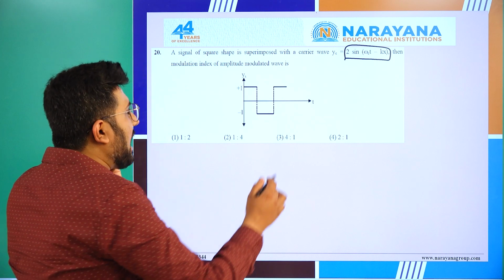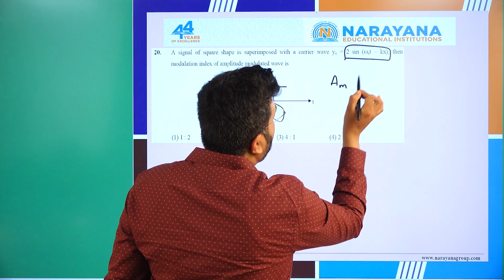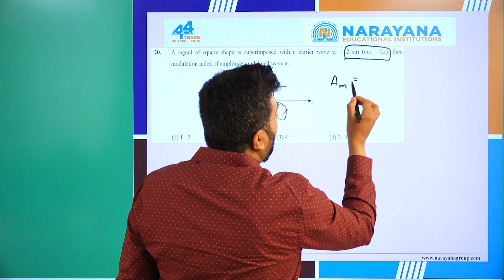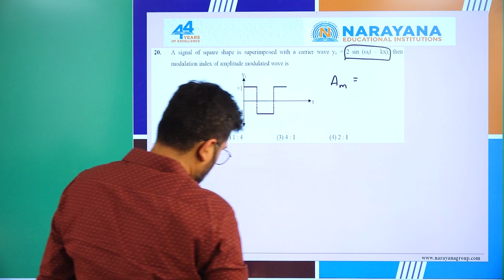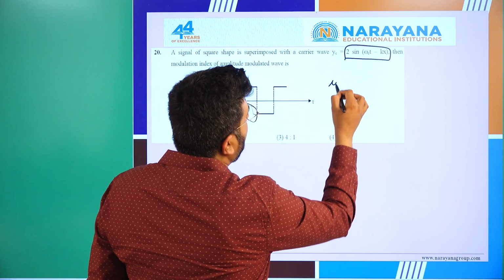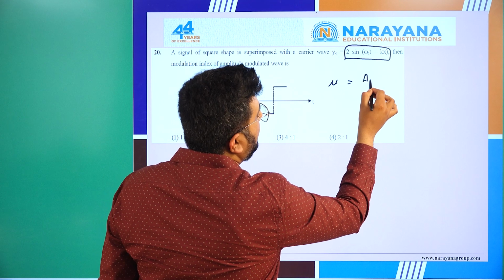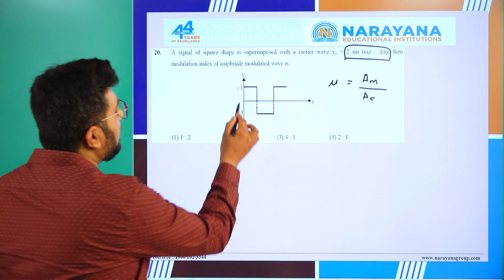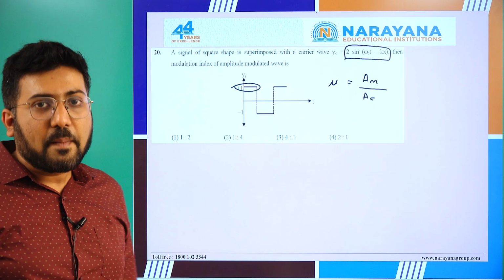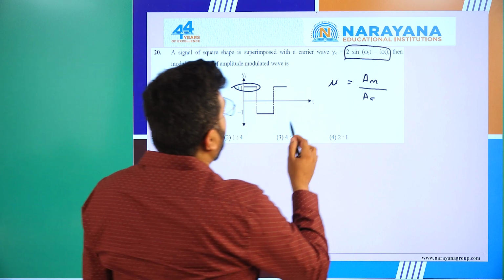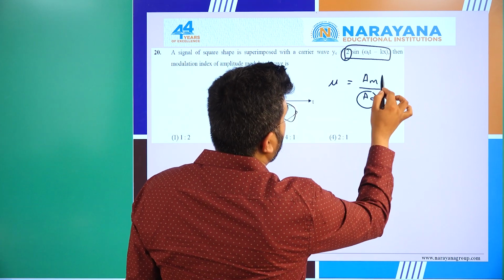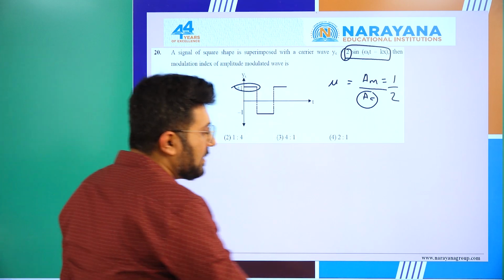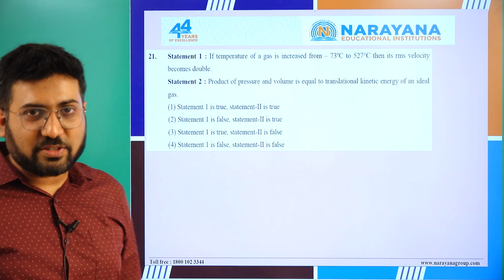Now you know that for the amplitude modulated wave, the modulation index mu is given by the amplitude of the message signal divided by the amplitude of the carrier wave, and from here I can clearly see the amplitude of the message signal is 1 and the amplitude of the carrier wave is 2. So the modulation index will be 1 by 2, okay. Let's proceed to the next question.